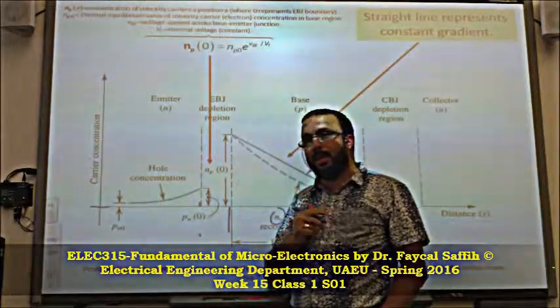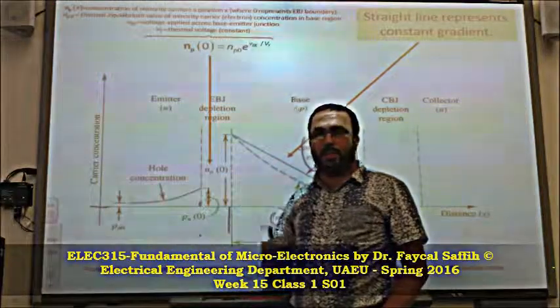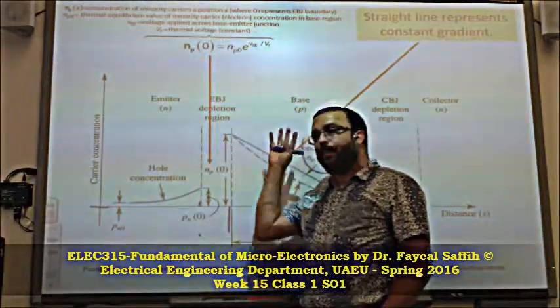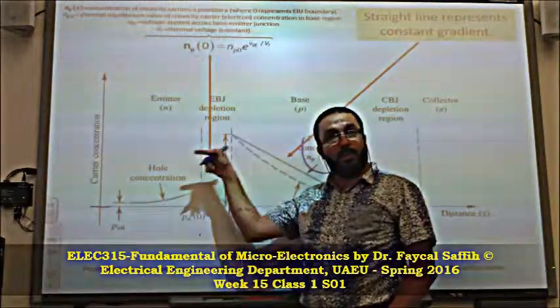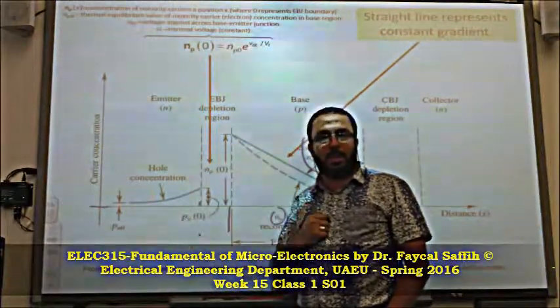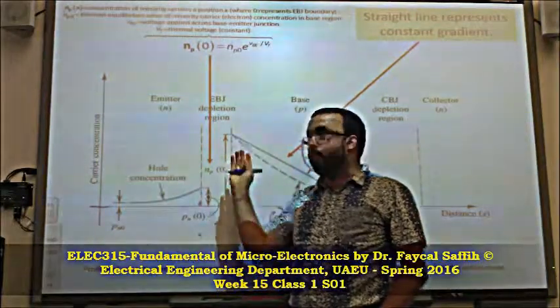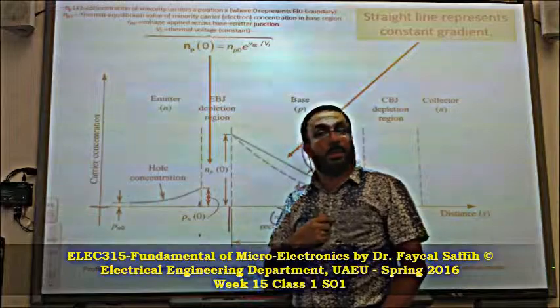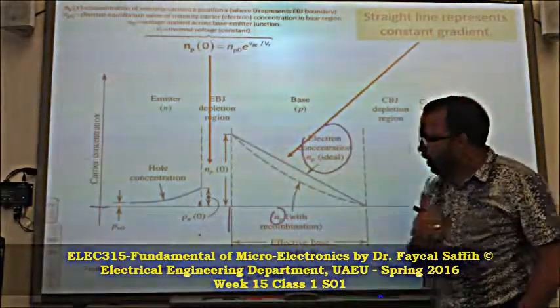If it's highly doped, that means we have too many electrons as majority here, and too few holes there. So when the holes move from here to there, they don't increase the minority much. But when the electrons move from the emitter to the base, their influence is huge. You got it? Very good. So that's what it is.